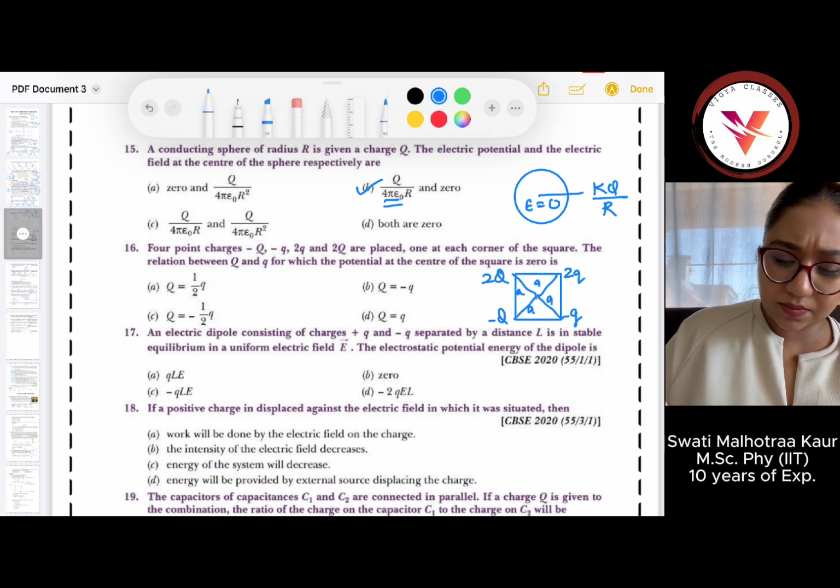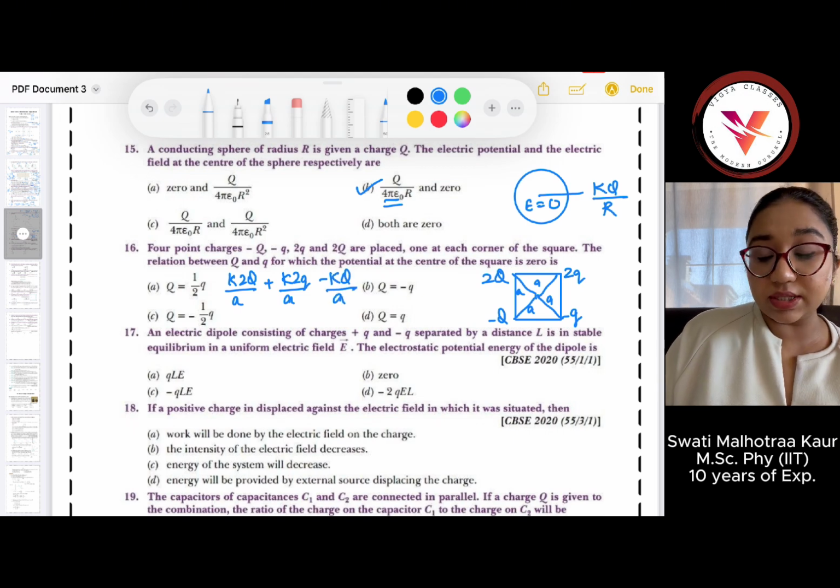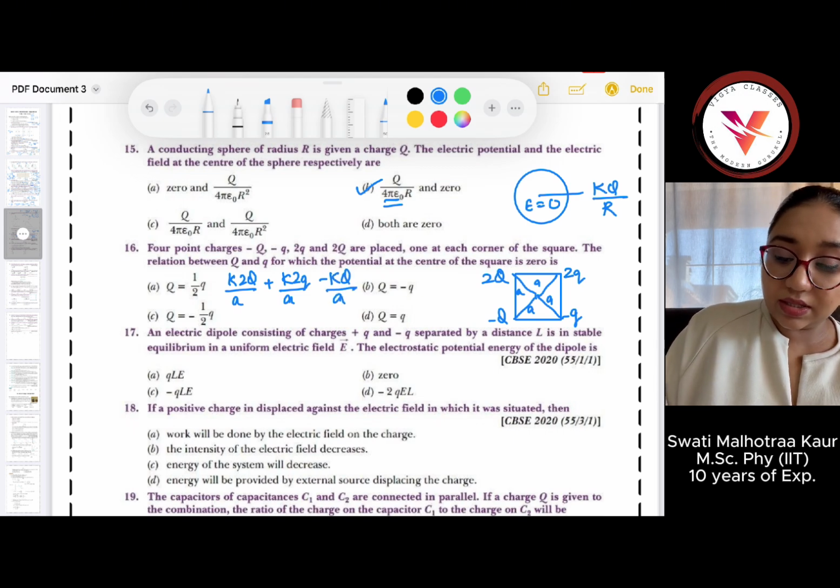So just get the potential as kq by r. So kq is 2q, r is A, plus k 2 small q by A minus kq by A, because in potential you have to consider the sign as well, minus k small q by A equals 0.